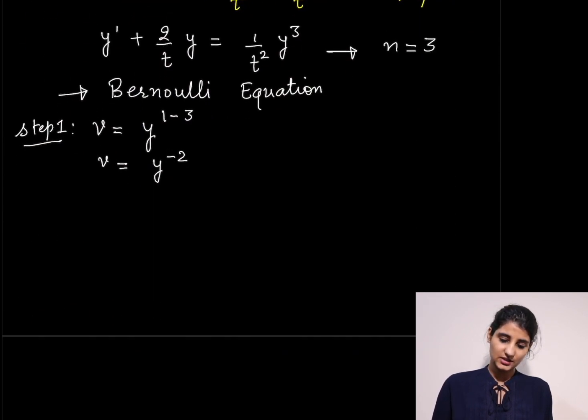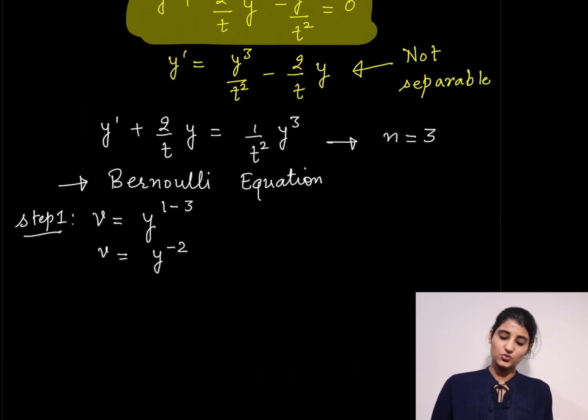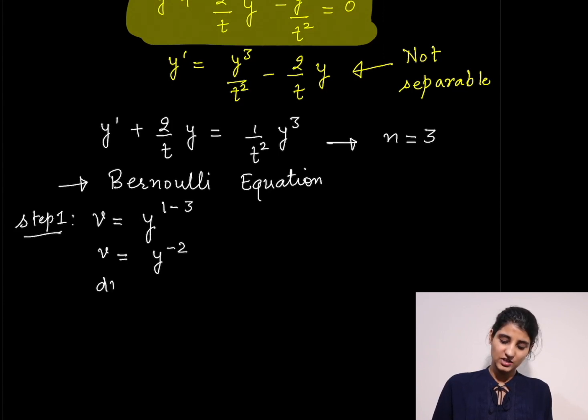So our substitution is v equal to y power negative 2. The derivative of v is, we bring the power in front and we reduce the power by 1. So negative 2 times y raised to power negative 3.